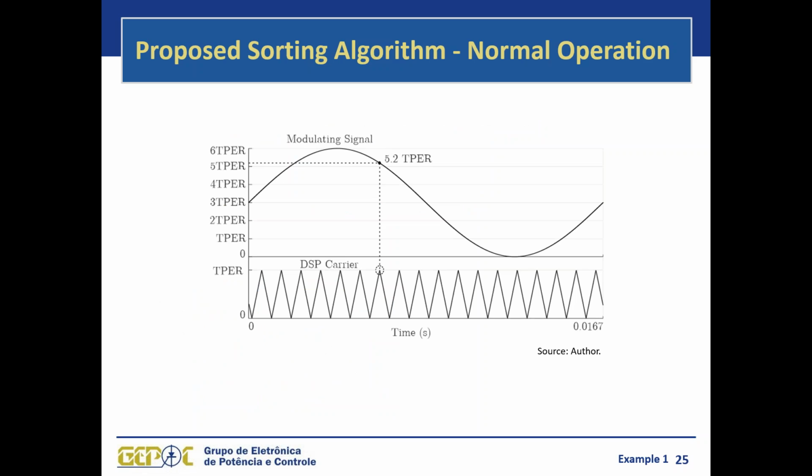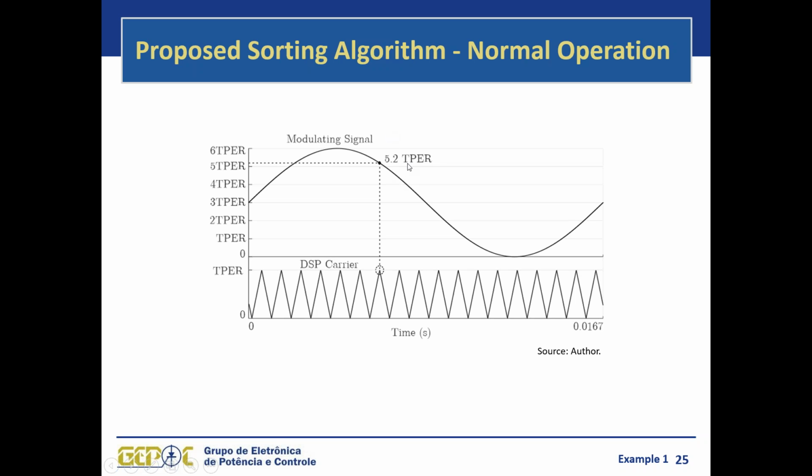So let's present some examples in order to see how this modulation works. Let us consider the case in which we have the modulating signal like this, and we sample the modulating signal at the period match of the carrier, that is when the DSP carrier achieves the highest value, T peak, we call it T peak here.